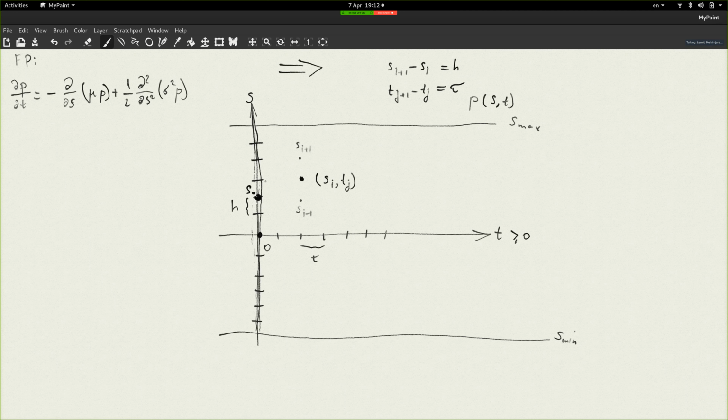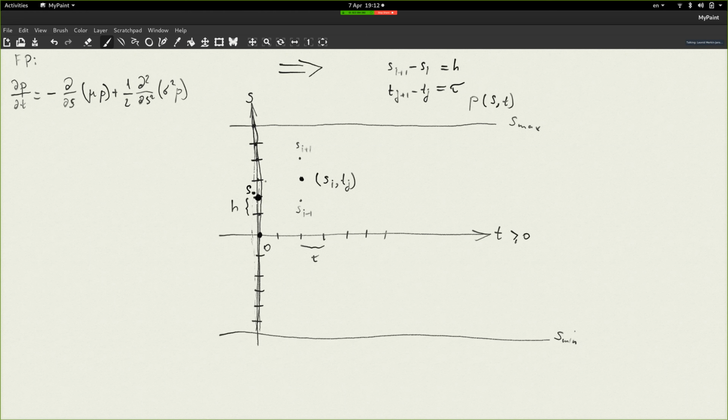Infinity, right? In all other points of our grid, at time t equal to 0, the solution is 0.